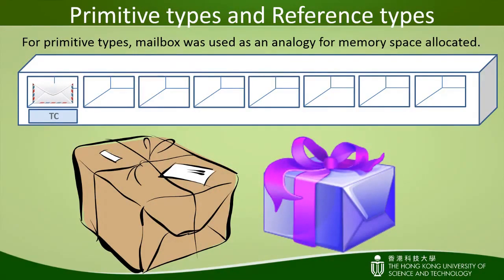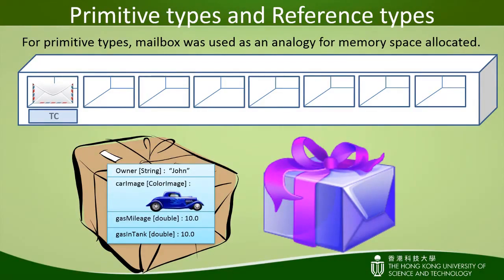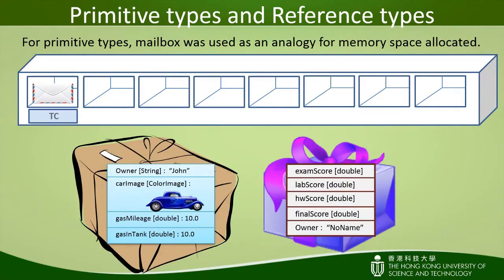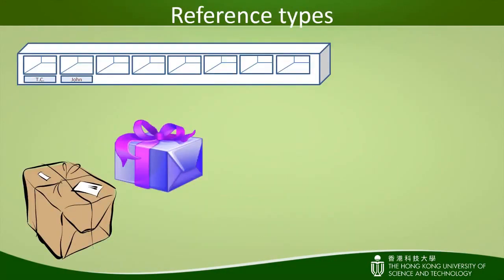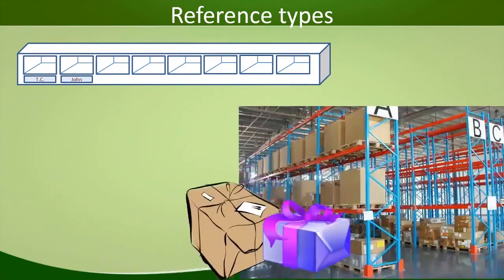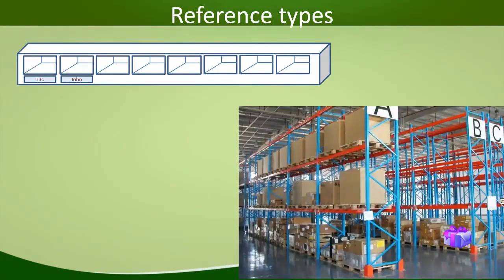A large puzzle can be considered as an analogy of the complex structure used in objects such as the car or causeway object that we have seen. Similar to what a mailman would do when a parcel is too large to fit into the mailbox, he or she would put the parcel in the mailroom and leave a note in the mailbox with instructions on the address for collecting the parcel.